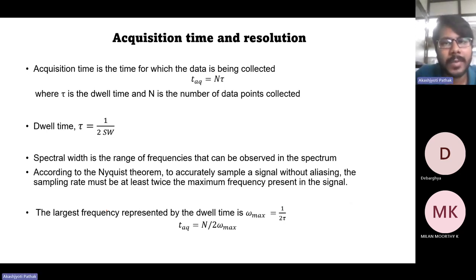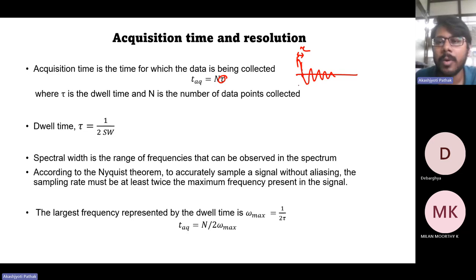Now, what is the acquisition time and resolution? Acquisition time is the time for which we are collecting the data. What we discussed is that tau is the time interval between two data points.